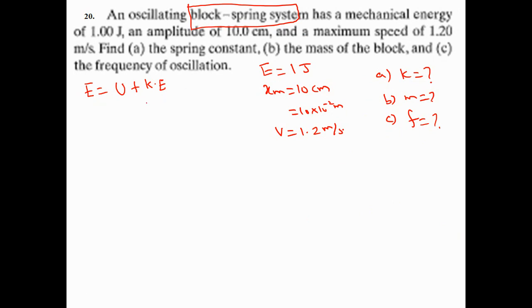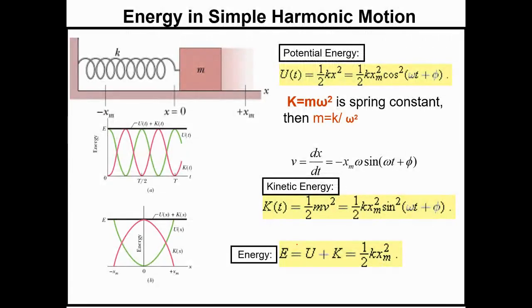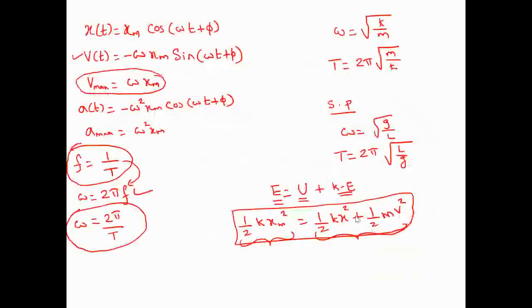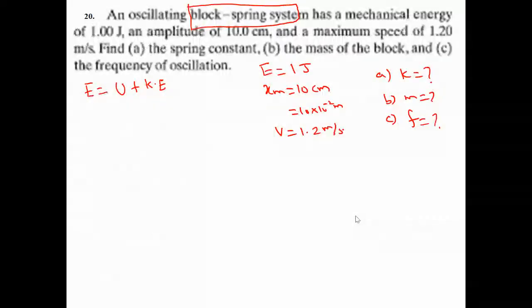My dear, you can see here, we already have this formula. What is our energy formula, my dear? Our energy formula is equal to potential energy plus kinetic energy, which is equal to half k xm square. Am I right? So I can use this formula here to find the answer for the first question.